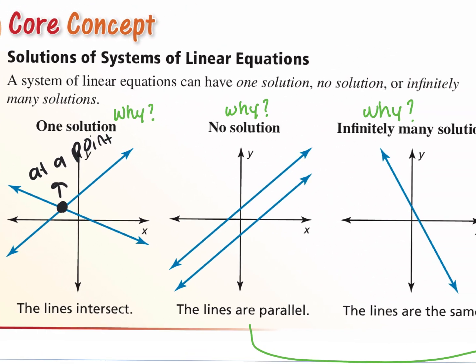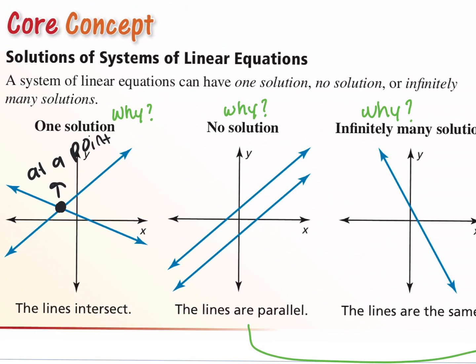In the second example, this is showing me that I have no solution. Why would I have no solution in the second example? Natalie? They're parallel, they never intersect. Very good. If the solution to a system is where they intersect, do these guys ever cross each other? No, so because they never intersect, we get no solution.